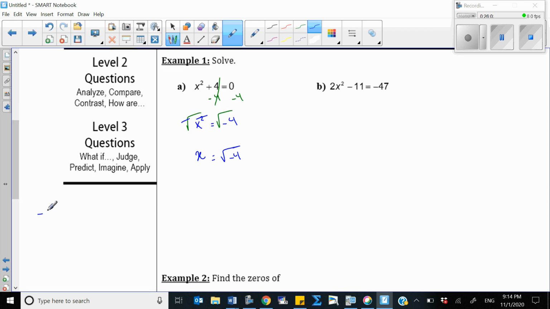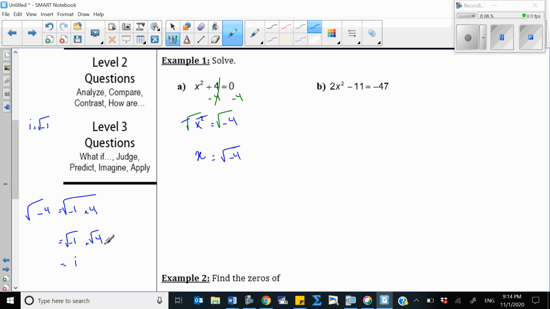We know that negative 4 is negative 1 times 4. So the square root of negative 4 is the square root of negative 1 times 4. So this is the square root of negative 1 times the square root of 4. The square root of negative 1, we told you before, is equal to i. So I'm going to write i here.